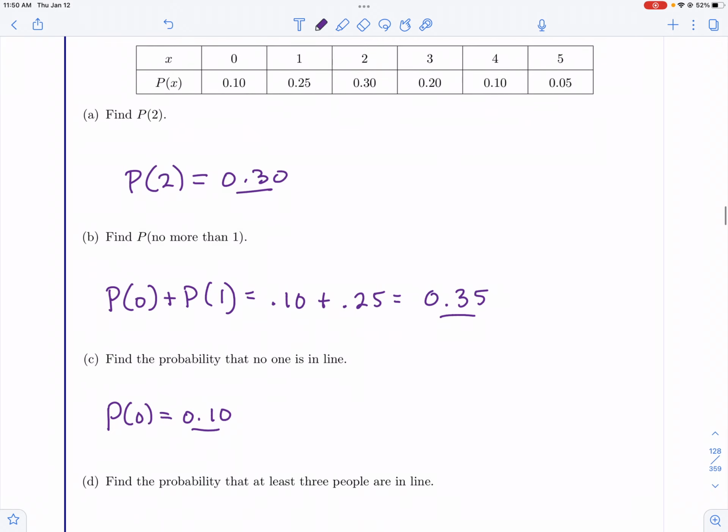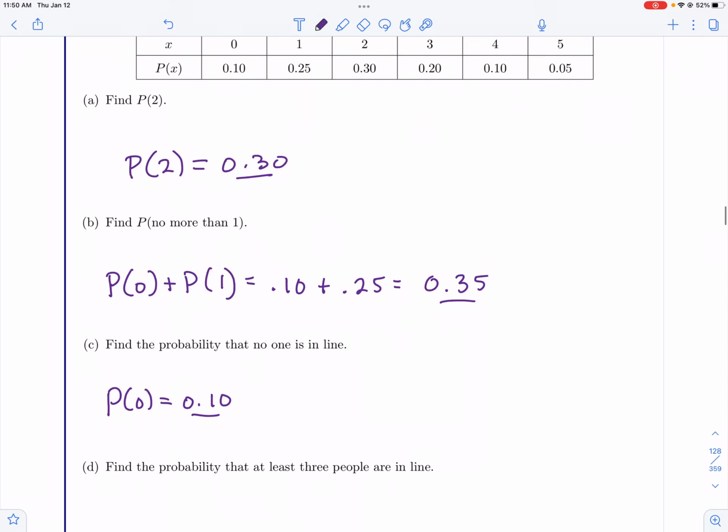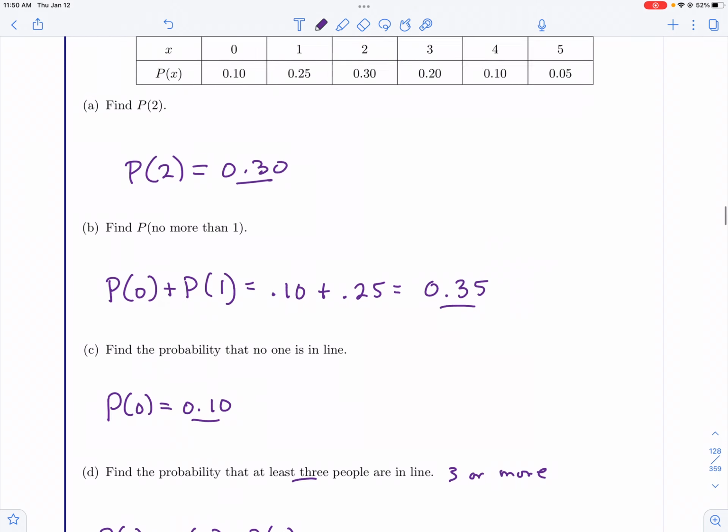So find the probability of at least 3 people in line. So at least 3 is the same thing as saying 3 or more. So from a probability equation standpoint, this is going to be the probability of 3 plus the probability of 4 plus the probability of 5.